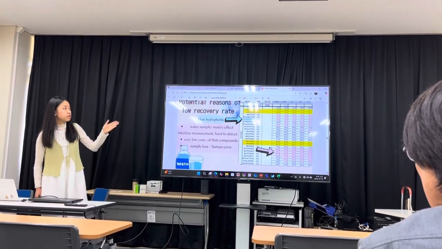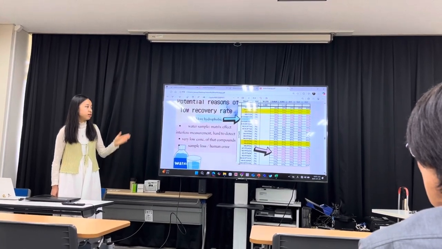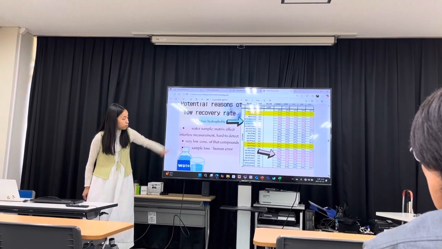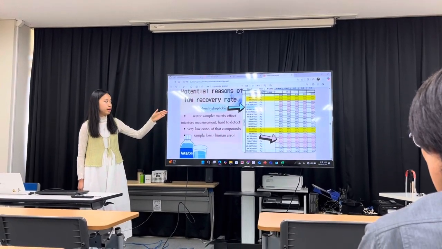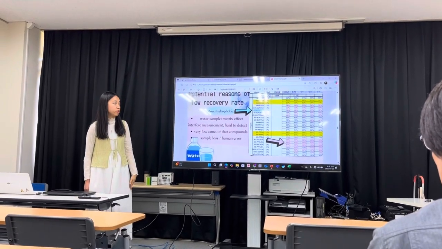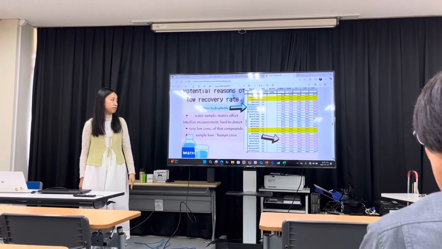That's the potential reason, I think, causing the low recovery rate. First, the blue highlighted PFAS compound is more hydrophobic and not likely to dissolve in the water sample, so it has a very low recovery rate.